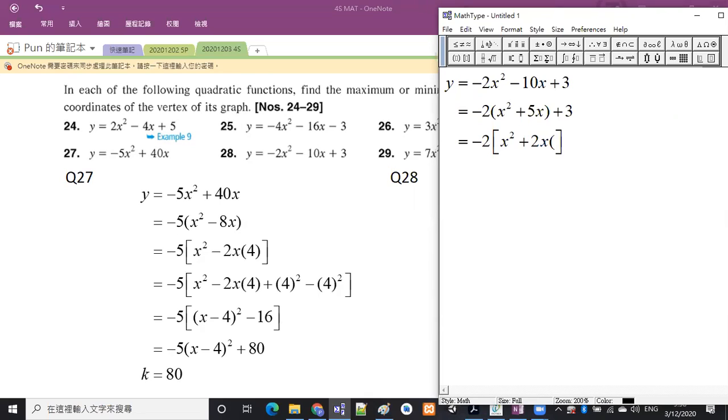So what should I write for the y? Should be 5/2. Can you get this? Okay, because I need to keep the 5x, the value to be 5x. Okay, but I need the format to be 2xy.